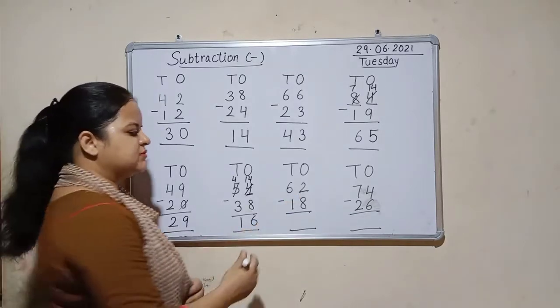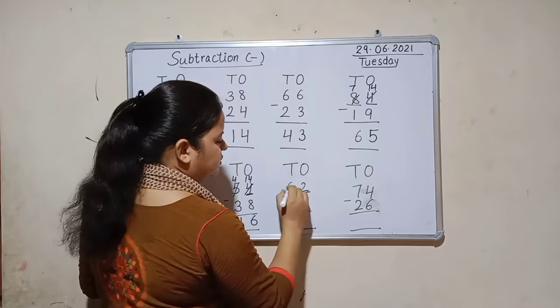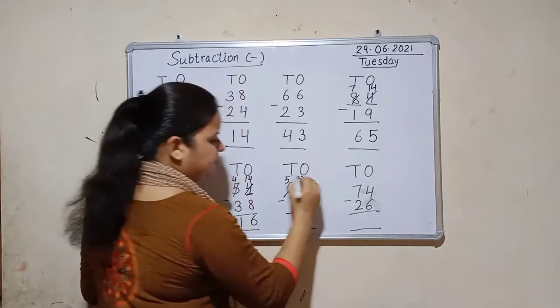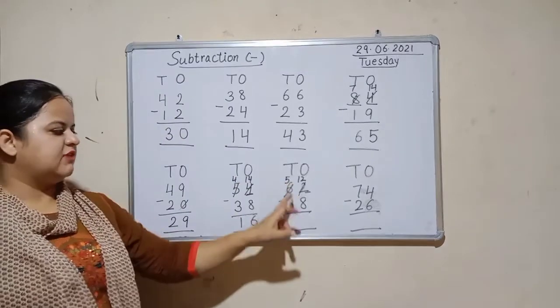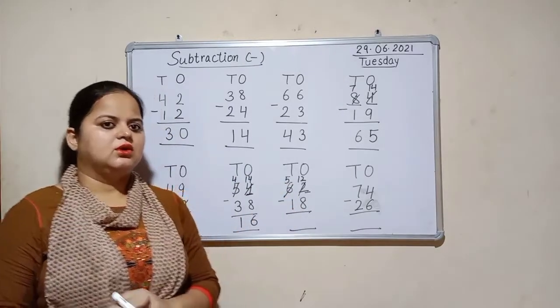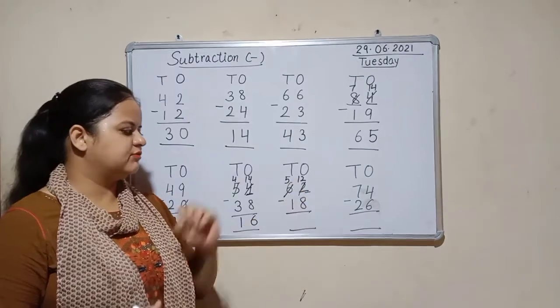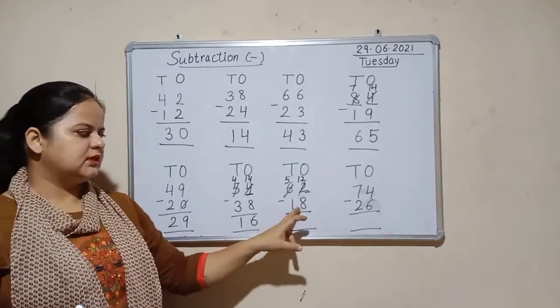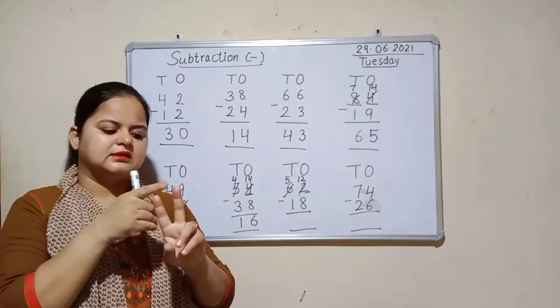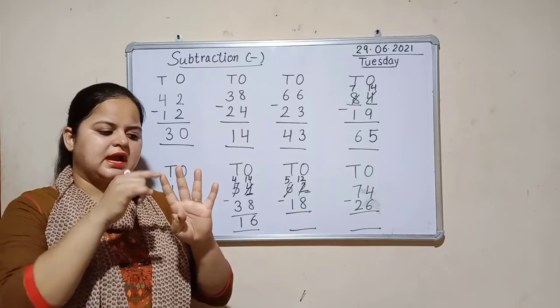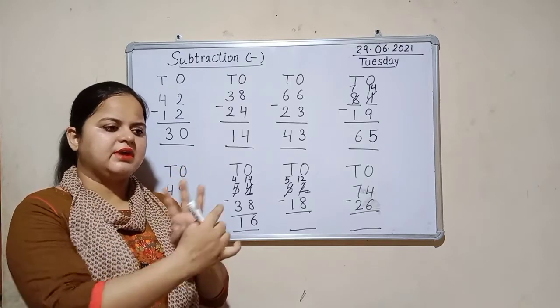Next is 62 minus 18. Again, here we have smaller number on the top. So we will do it like this. 12 minus 8. Okay, we will speak from next number of 8 up to 12. 9, 10, 11, 12.